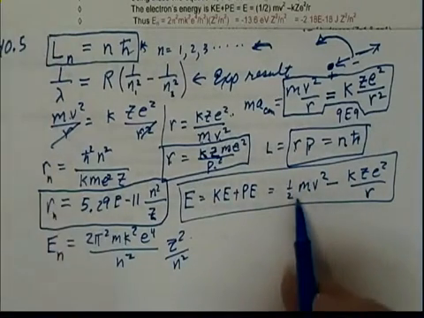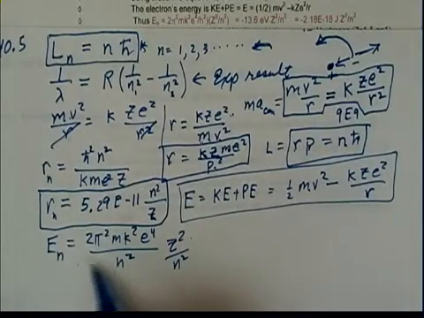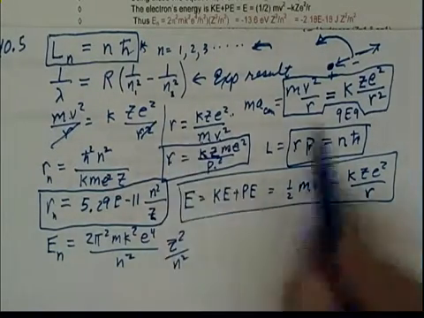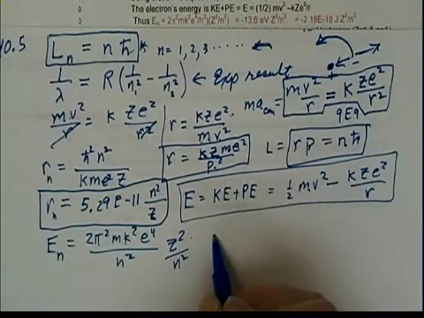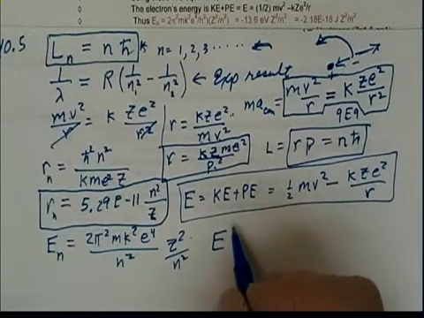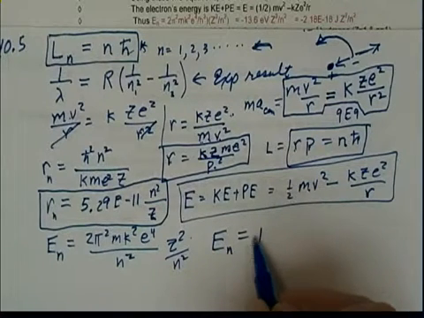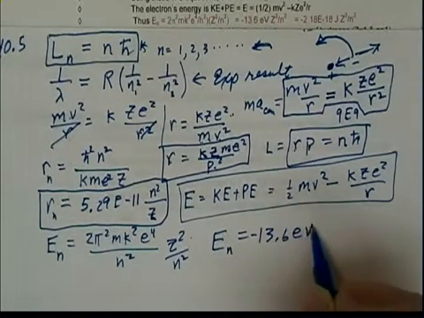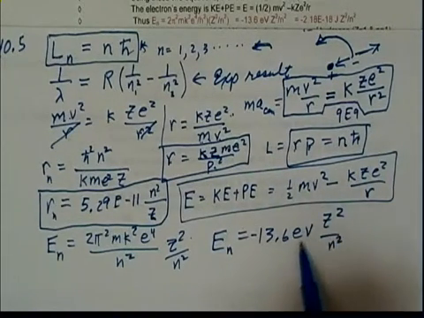It takes some doing to plug these things in, but for the nth orbit, the radius is going to be this, and the momentum can be determined in terms of that from this equation. And so what we get as a result, just from some simple 9th or 10th grade algebra, we get the nth energy level is equal to minus 13.6 electron volts times Z squared over N squared.